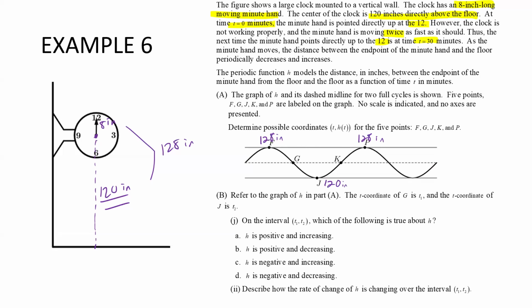Like at the very bottom, not including the minute hand, this would be just 120. So when it's at 6, it's at 120. Where are we at? G and K.